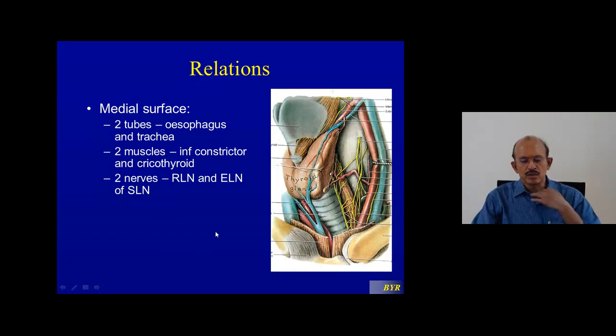There are two nerves. They are the recurrent laryngeal nerve that goes medial to the thyroid lobe, and there is one more nerve coming from above, that is the external laryngeal nerve.